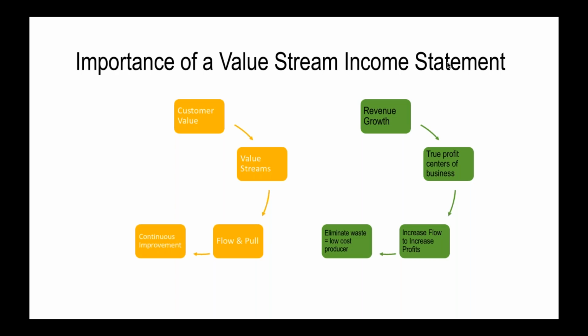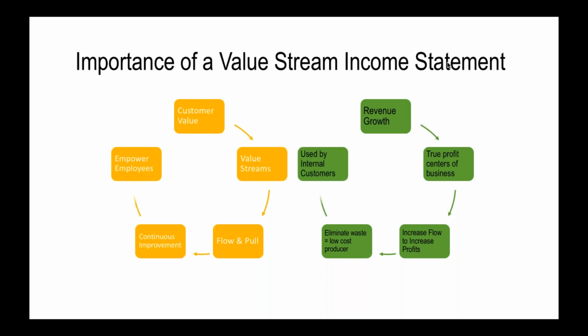In terms of continuous improvement, if we eliminate waste, we will control our costs, we might achieve some cost reduction, and we will be a low-cost producer. It's the dream of every company to grow revenue and be the low-cost producer in your industry. Lean principles, practices, and tools, when deployed in a business, create that opportunity.